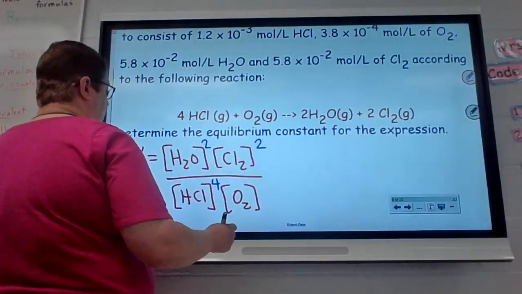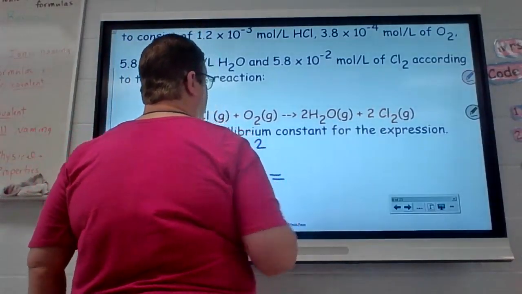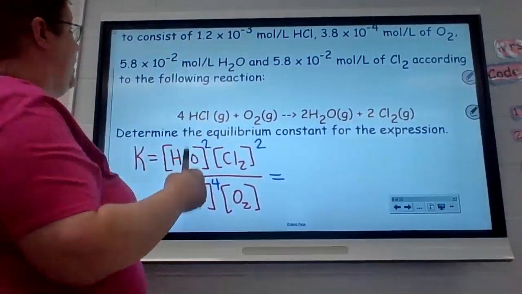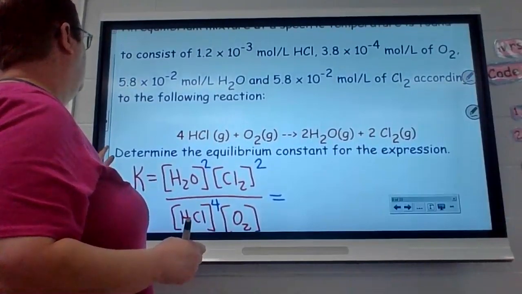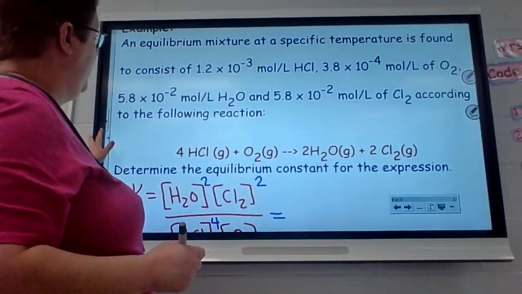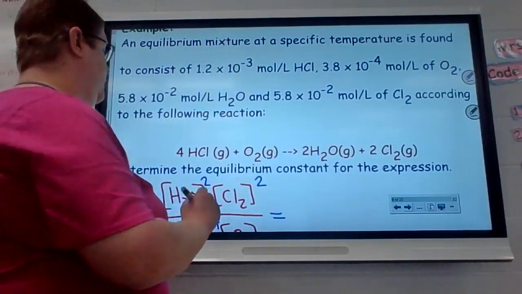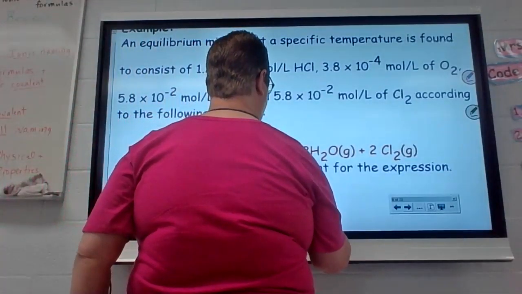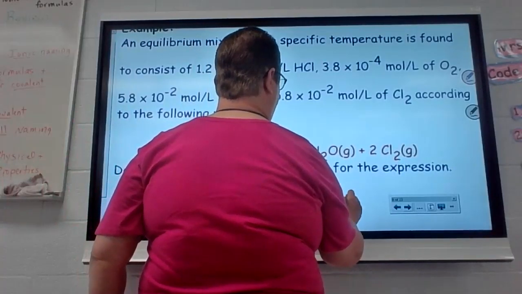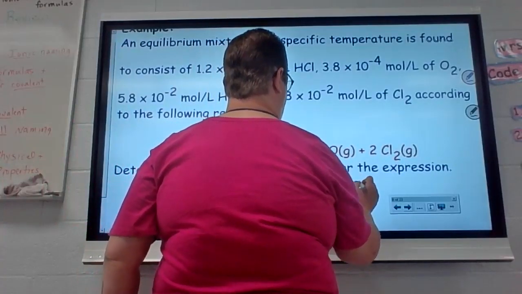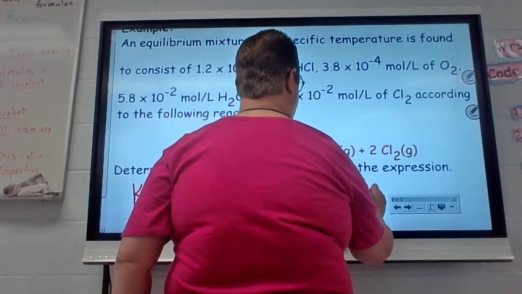Now, if we look at the numbers on here, what number does H2O have up here for its concentration? 5.8 times 10 to the negative second. Put it in parentheses. And then you use exponents.